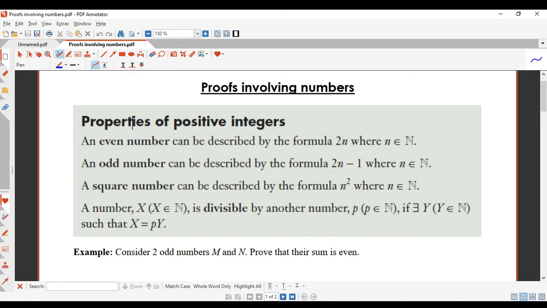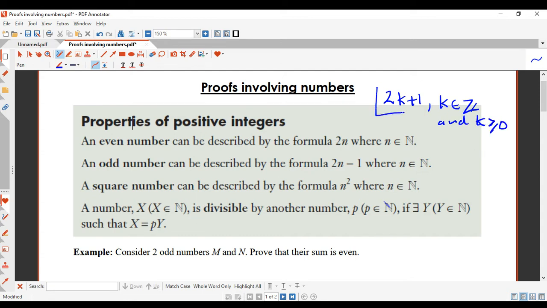Now, just on the odd numbers, there is another way we can write them besides 2n minus 1. We could say, for example, that an odd number is of the form 2k plus 1, as long as we limit k: k is an integer, and k is bigger than or equal to 0.